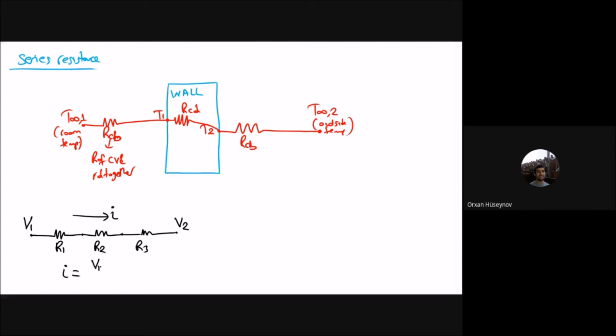I is equal to V1 minus V2 divided by the total resistance. You just add the resistances. Similar to electricity, the heat flow will be equal to T infinity 1, which is the larger one, minus T infinity 2, which is the smaller one, so T infinity 1 is greater than T infinity 2, divided by the total resistance.